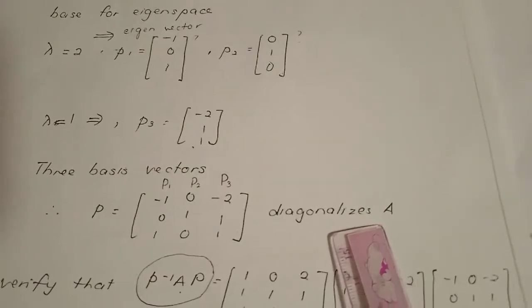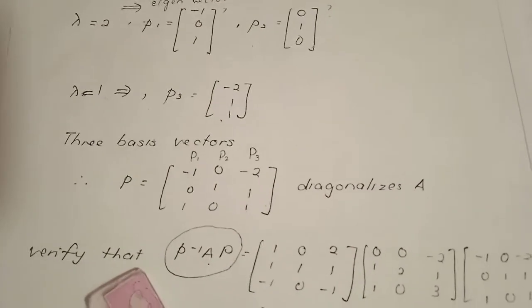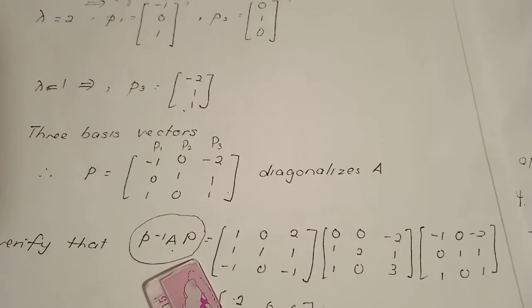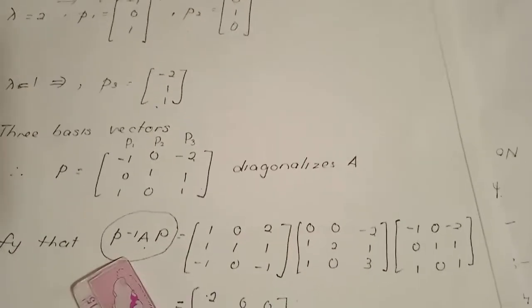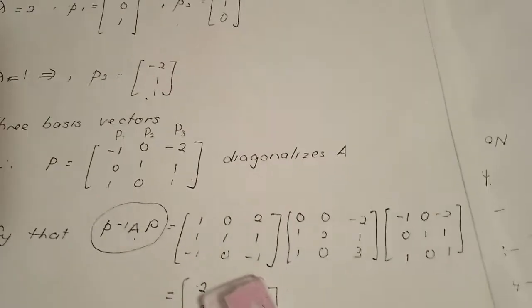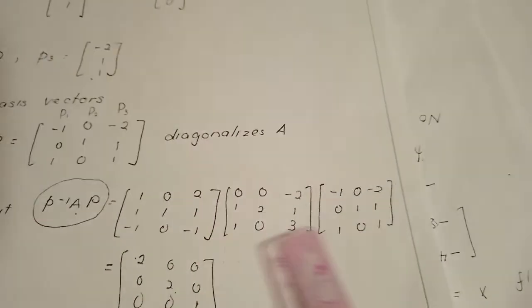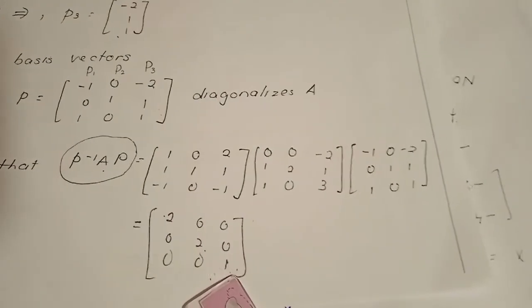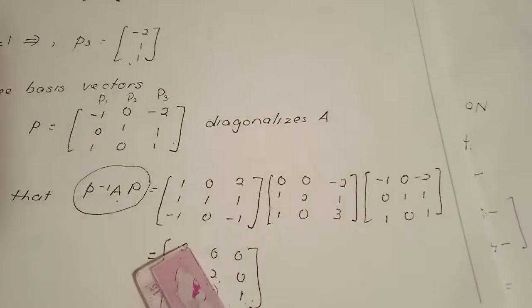In order for us to confirm that P diagonalizes A, we verify from the operation P inverse AP. This is P inverse, so you need to find the inverse of P first. Then P inverse A P. Multiply all these three matrices and finally you will get a diagonal matrix which consists of lambda 1, lambda 2 and lambda 3.